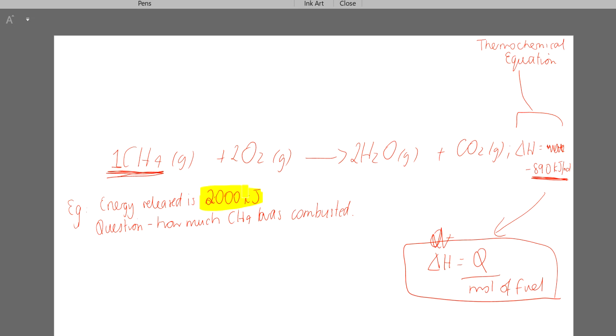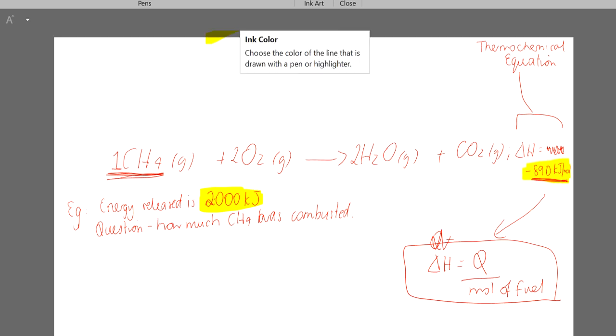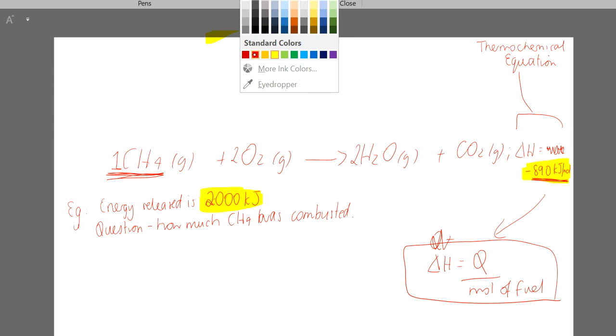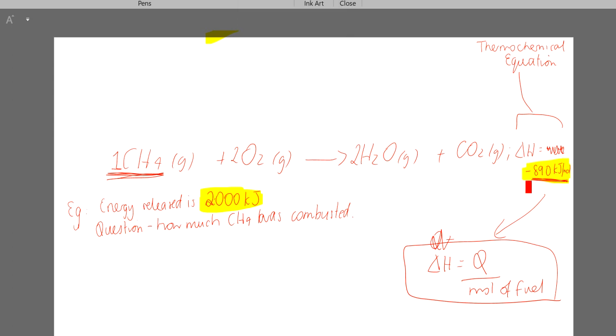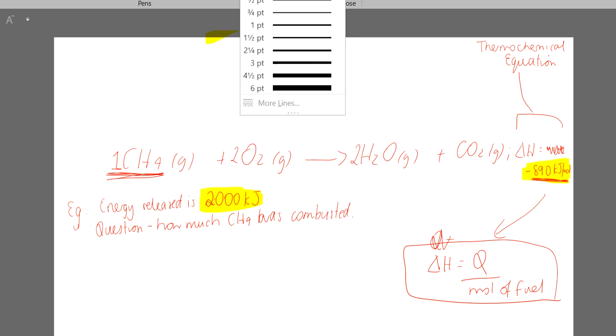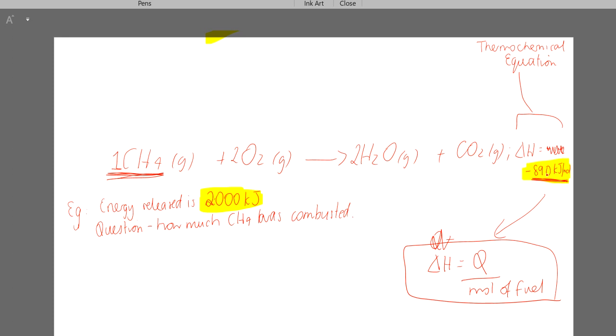But what's really important is this piece of information, it tells us another important relationship. It's telling us that if we have 1 mole, we release 890 kilojoules. So if we've released 2,000 kilojoules, think about it.